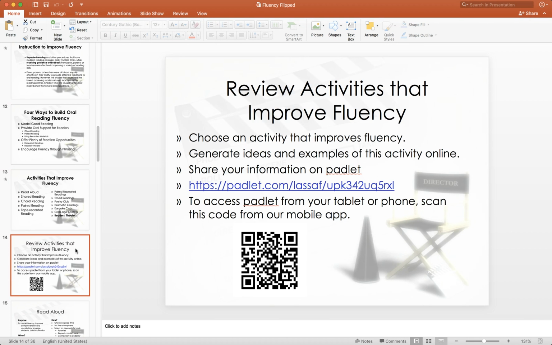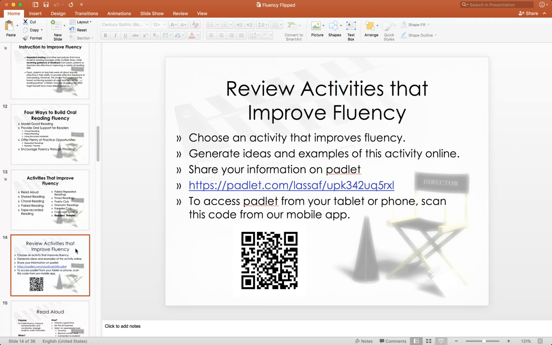All right, so one thing that you're going to do is pick one of those activities that improves fluency. You're going to generate some ideas and examples related to this activity. And you're going to go online and find some ideas, some examples, maybe a lesson plan or a video, and then you're going to share that information on Padlet.